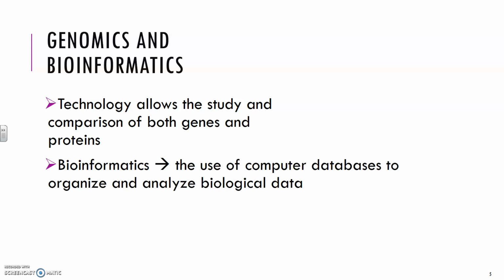All of this technology gave rise to a new field of study called bioinformatics. This is the use of computer databases to organize and analyze biological data, because you have terabytes of information with the human genome, and with all of the analysis scientists have done on it and the annotations, there's even more data.